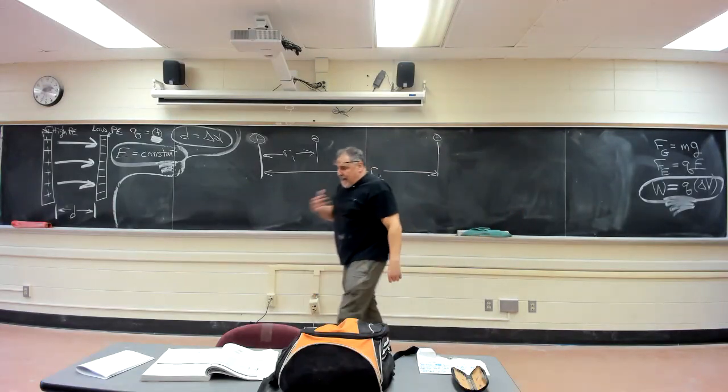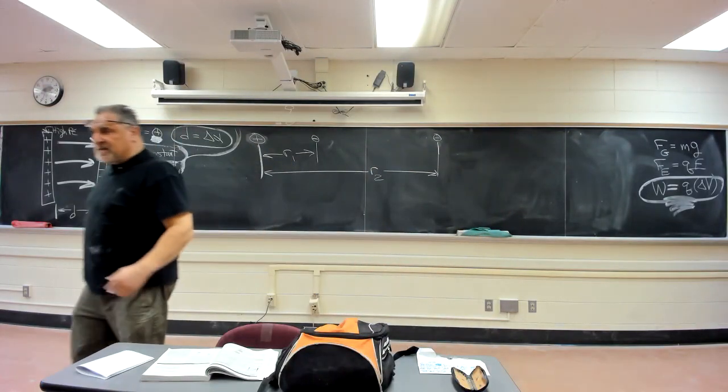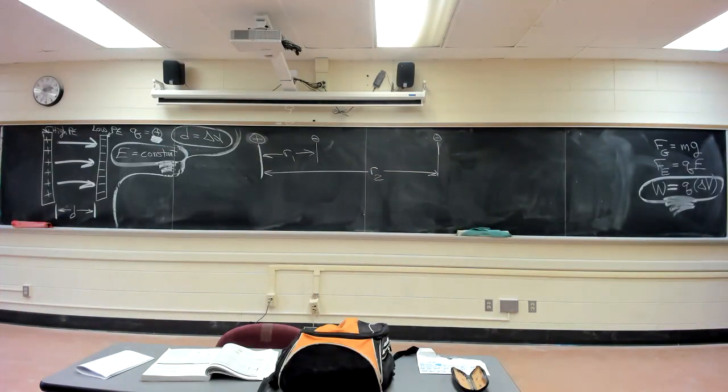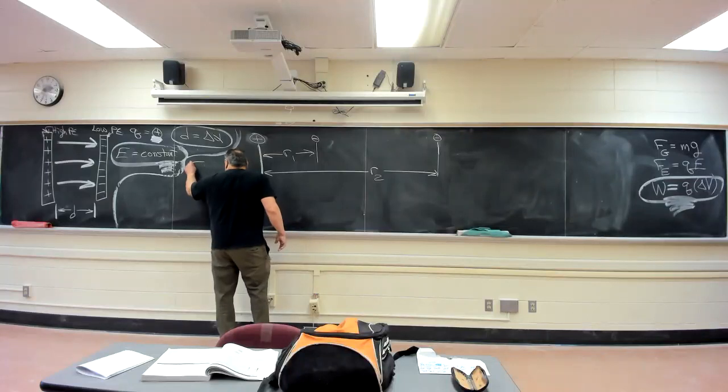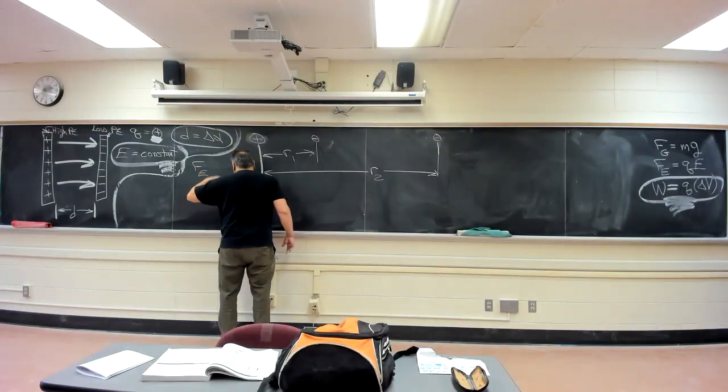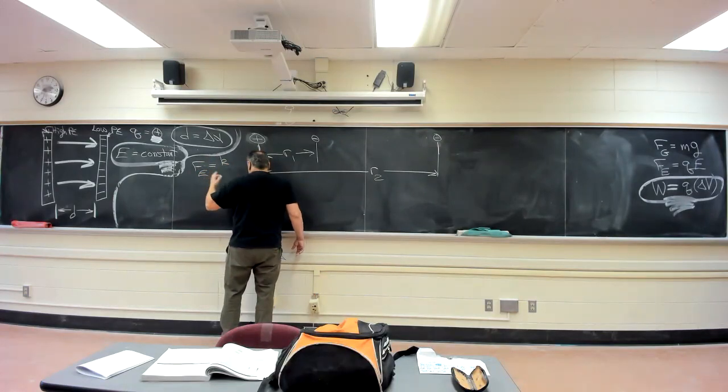As this is done, you're going to have to put positive work into this to increase the potential energy. And this is associated with this great equation that we were able to derive using Gauss's law and see experimentally when we do a lot of stuff.